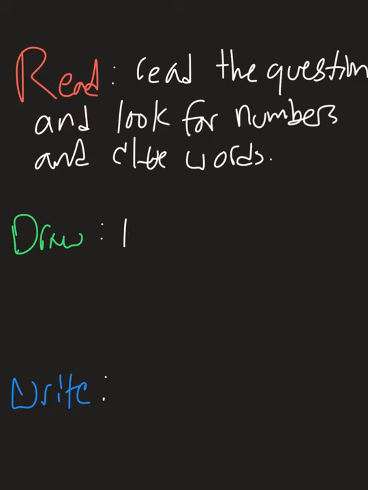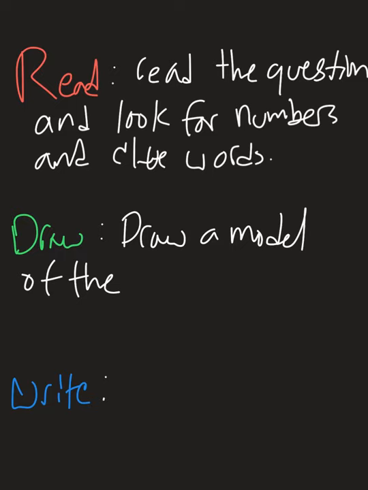Next, draw. We draw a model of the question, like the dots I drew for the marbles or the squiggly lines I drew for the gummy worms. So for example, when I drew the marbles, I drew the 6 that Jane started with, and then I drew the 4 extra ones that she bought.